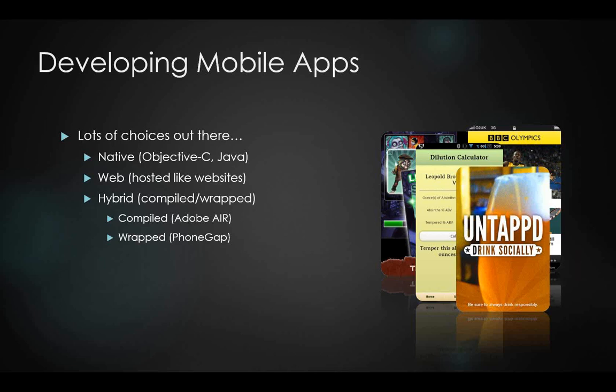And then you have wrapped applications. And applications that use a wrapper, PhoneGap is a platform that does this. It's basically you write your stuff using web technologies, and then PhoneGap acts as this additional layer between your actual application code and the operating system itself.